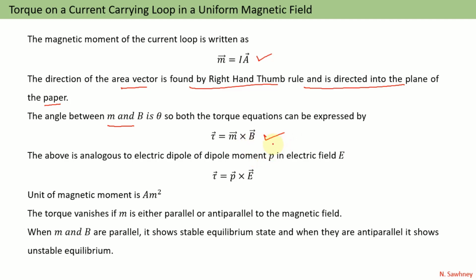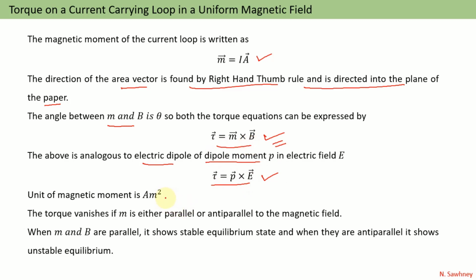This expression is analogous to the electric dipole of dipole moment P that we studied in electrostatics. The torque in electrostatics we wrote as dipole moment P cross product with electric field E, and both the expressions are similar.